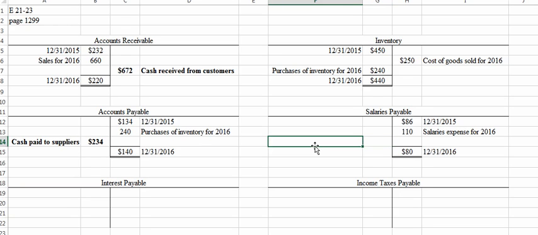Okay, now what's going to decrease salaries payable? Well, when we actually pay our employees, or when Myriad Products actually pays their employees. Well, what's it going to take to get there? We got 196 on the credit side.